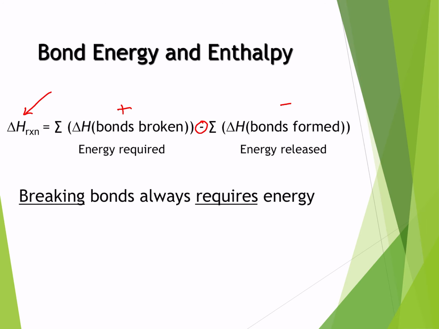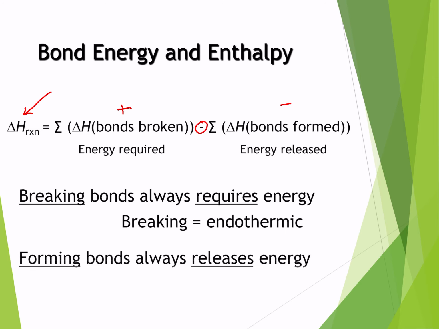So breaking bonds always requires energy, and forming bonds will always release energy, because that's going to a more stable configuration. Your reactants aren't as high energy now, so they release some energy. So that's why it's always bonds broken minus bonds formed, because this needs to be positive and this needs to be negative, so we can figure out what our delta H of our reaction is.